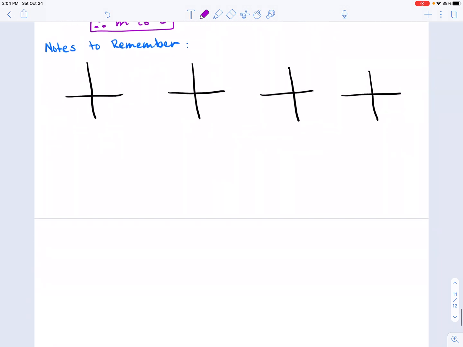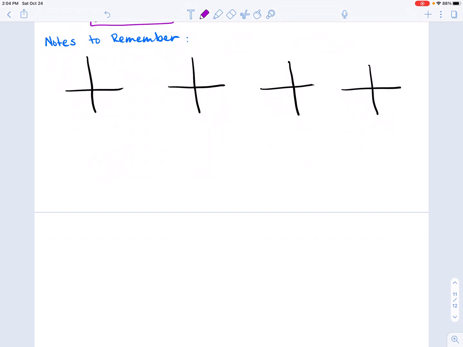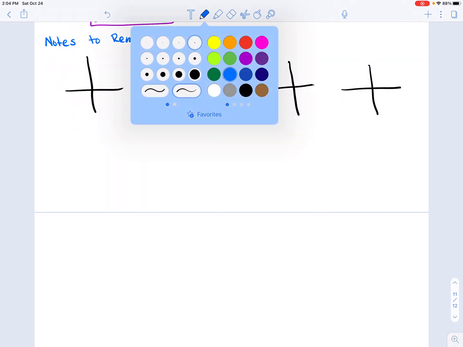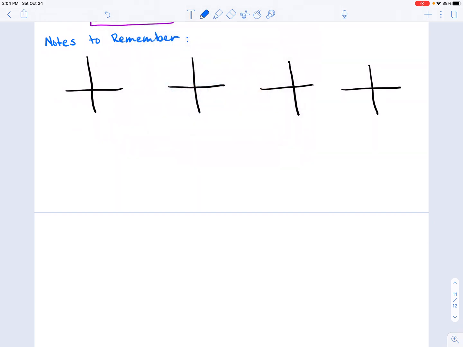So if we take that information with the information from our previous tutorial, then I know that a line that leans up to the right is positive slope. If I have a line that leans up to the left, I have negative slope.